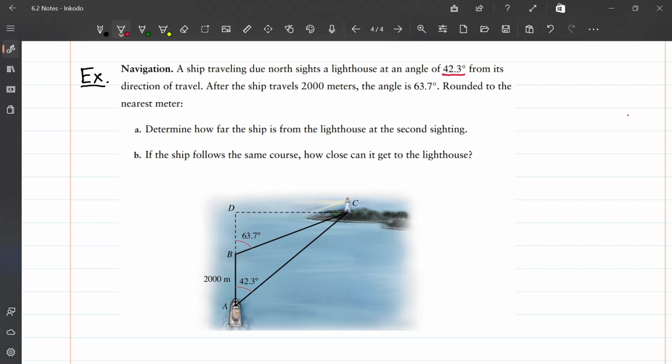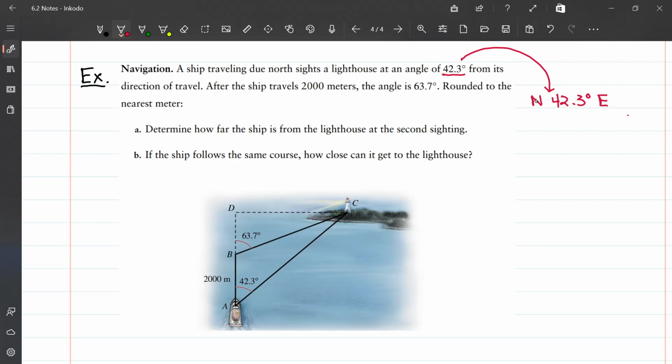Well, there is another way to say that, and I'll go ahead and put that over here. We were traveling due north. If you rotated from that due north setting to the east by 42.3 degrees, we would see the lighthouse. So that bearing, which is what we call it when we give directions this way, would be north 42.3 degrees east.